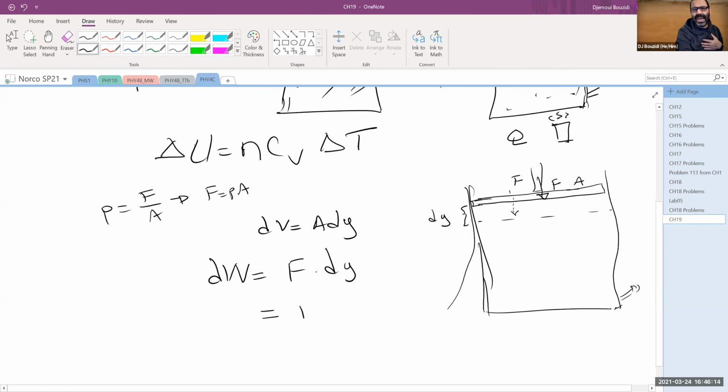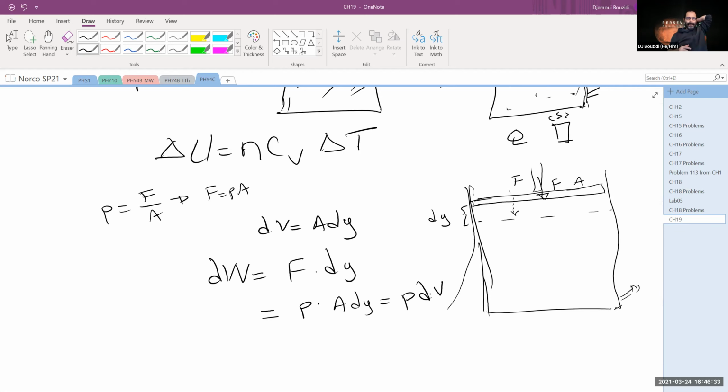So the force I need to apply on the gas, times dy, is P times the area times dy. So it's P dV. That's how much work I really have to do on the gas. Make sense? In magnitude only.